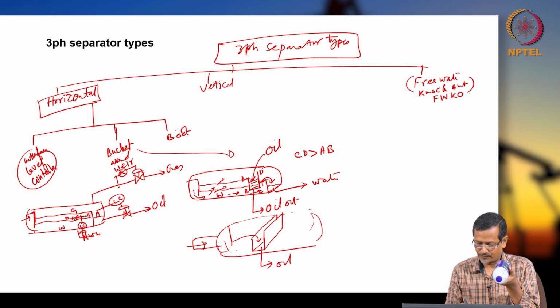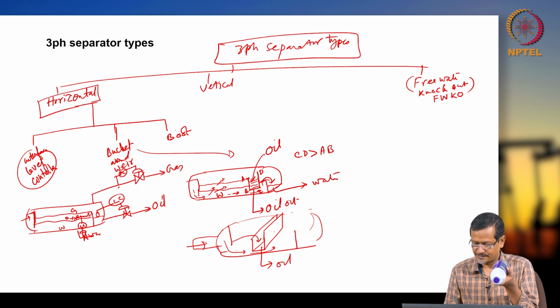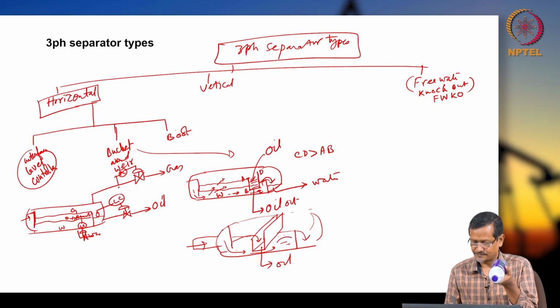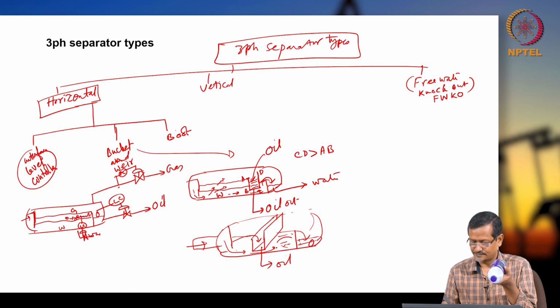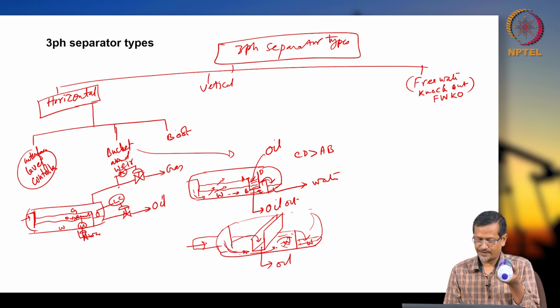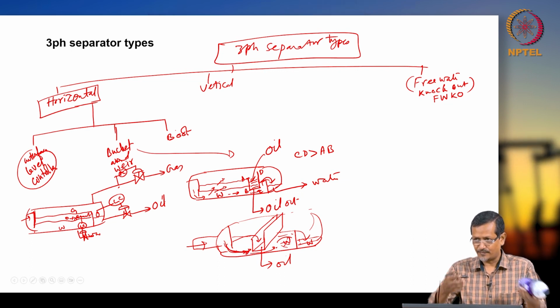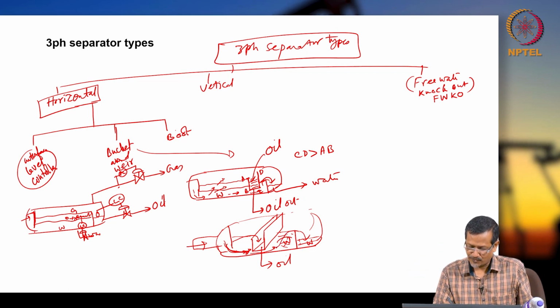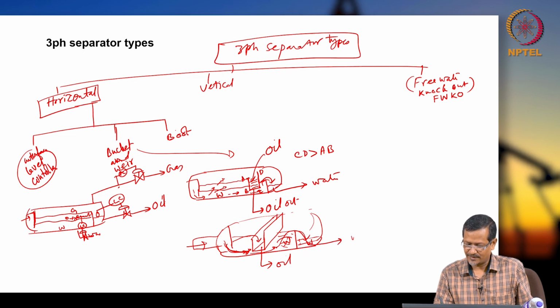Inlet diverter, and fluid will be coming. This is oil, this is water. From the diverter the fluid is coming, and from below the bucket water will be going, will be crossing this wear, and you are collecting water.